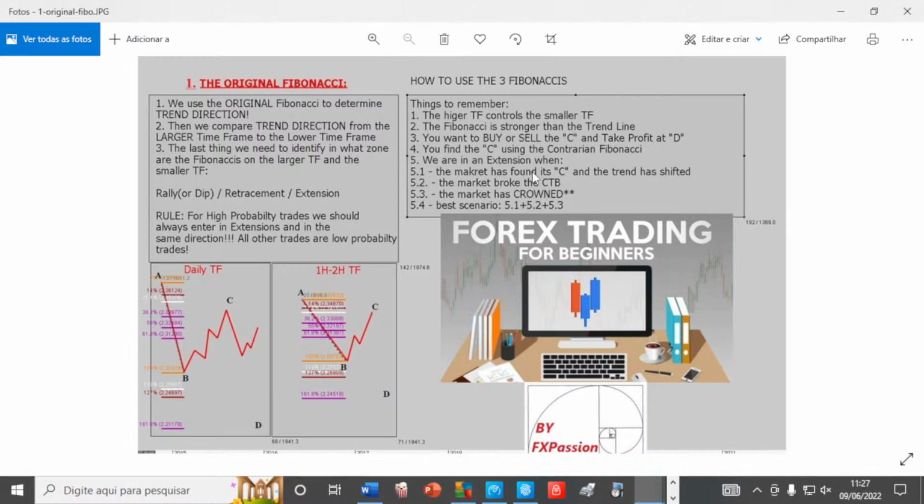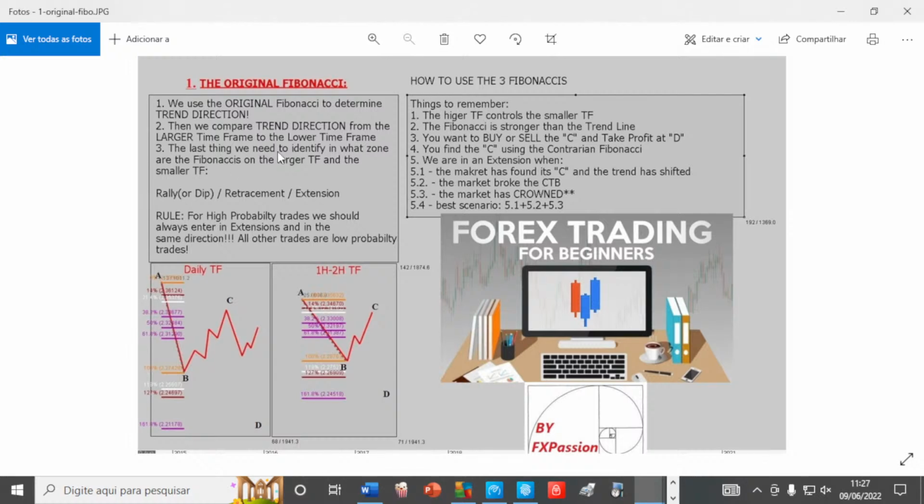Yes, sir, absolutely. So the original Fibonacci, we use the original Fibonacci to determine trend direction. Number two, then we compare, not today, but in the future, trend direction from the larger time frame to the lower time frame.